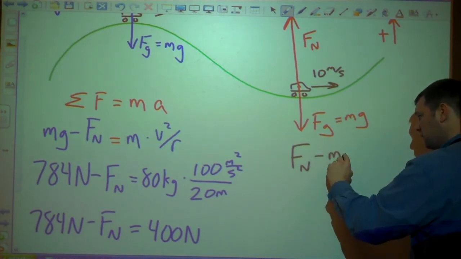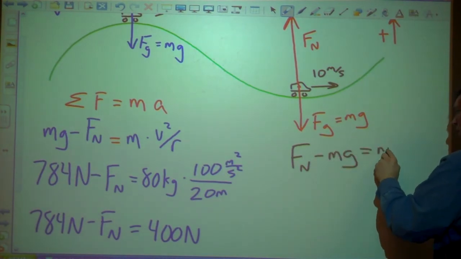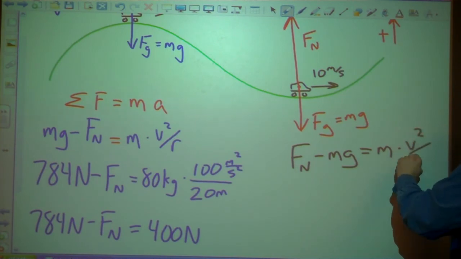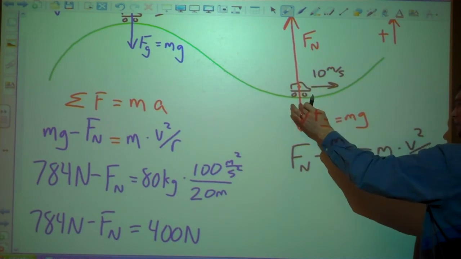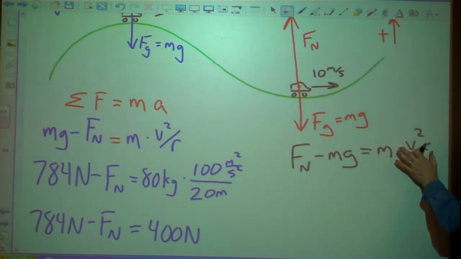So now, net force equals mass times acceleration. Net force, subtract these two, equals mass times the acceleration, which is speed squared divided by radius again.